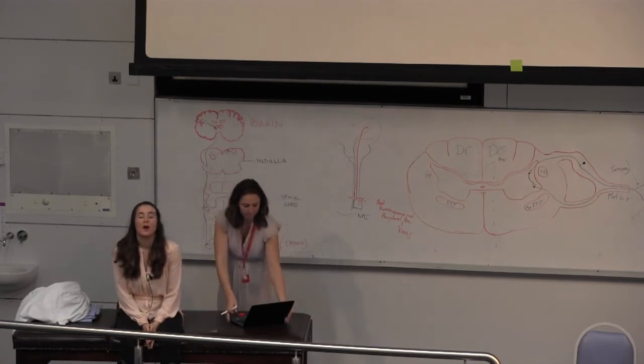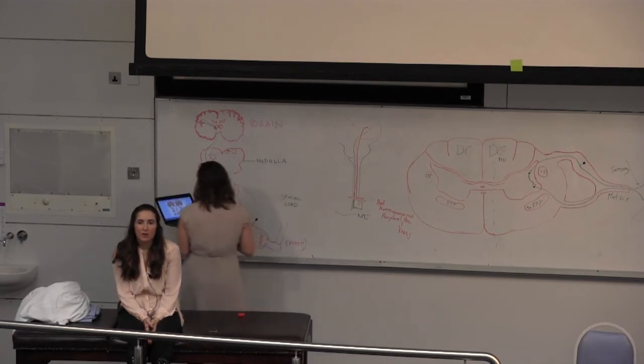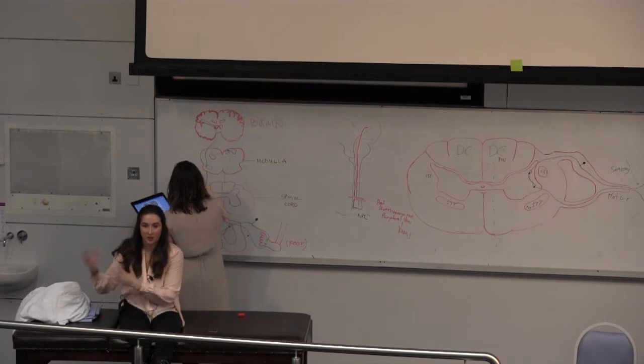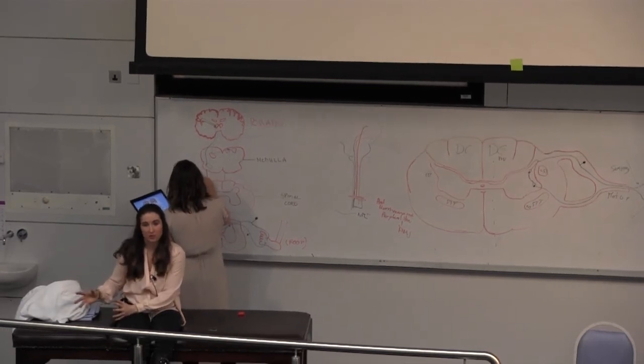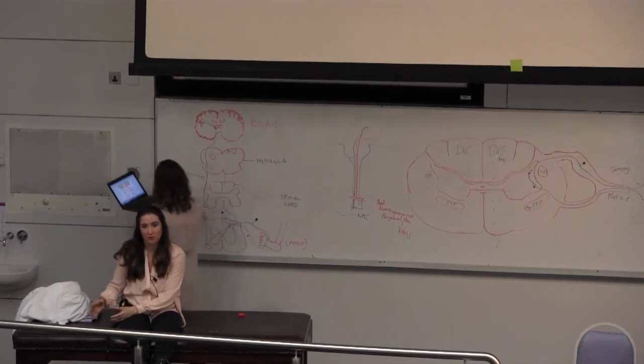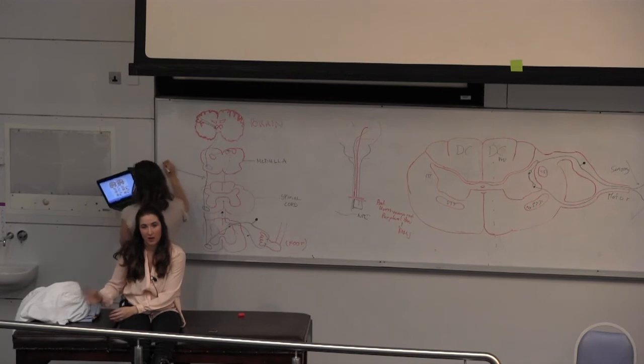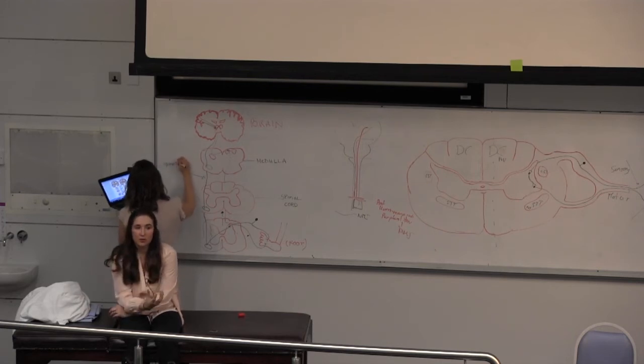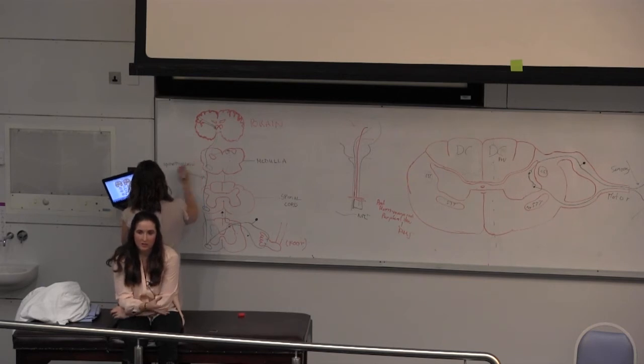Thanks, Lisa. Okay, so now are you happy that if you have someone in the OSCE and they have 1 to 5 of those clinical features that we talked about there, that you have a decent differential for it? Yeah, and you're happy that all of that stuff is coming from the brain? Yeah? Okay. Pretty much all of those disease processes that we just mentioned as causes can also occur in the spine, can't they?